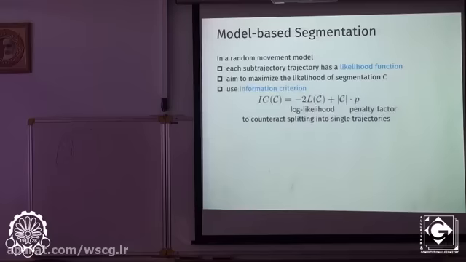And that is a setting where often an information criterion is used. So what I will do is, for my segmentation, I'm going to look at how well the fit is. So I'm going to look at the likelihood, or actually the log likelihood. But to avoid overfitting, I will also have a parameter, a penalty factor for the number of segments.